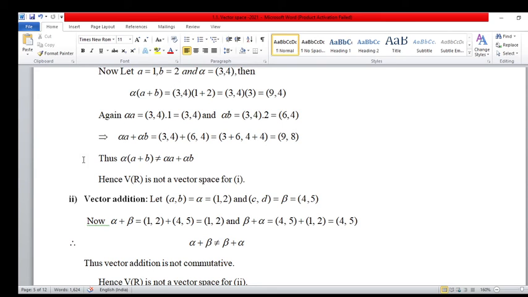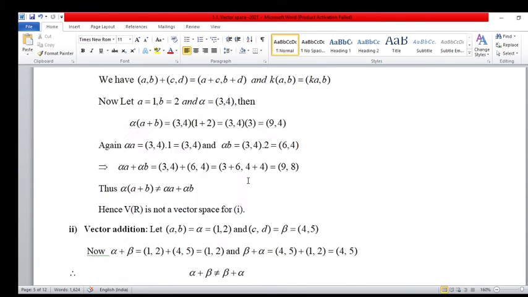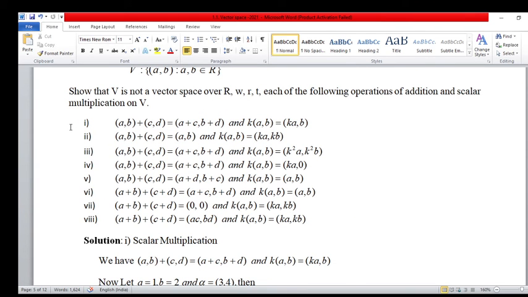So alpha(a plus b) does not equal alpha a plus alpha b. Hence V is not a vector space for condition first, meaning this first condition shows V is not a vector space.